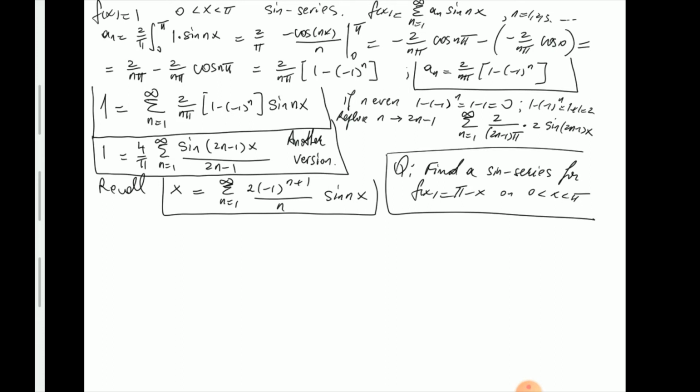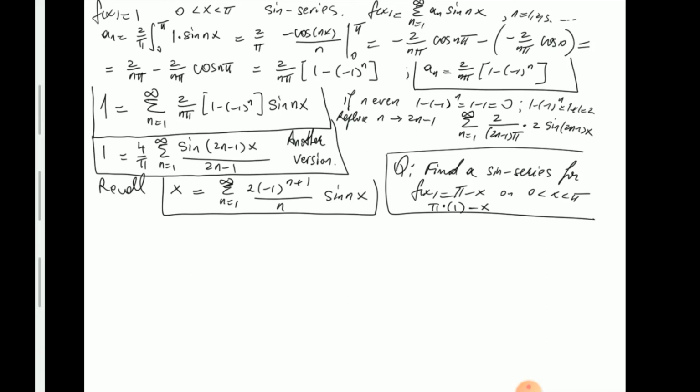So this is the problem here, because we could actually combine this. We could think of this function as pi times 1 minus x. So that means I could throw in the series for 1 and the series for x there. But then it will be difficult to combine them if one of them goes through the odd numbers only and the other one through all the integers, 1, 2, 3, and so on.